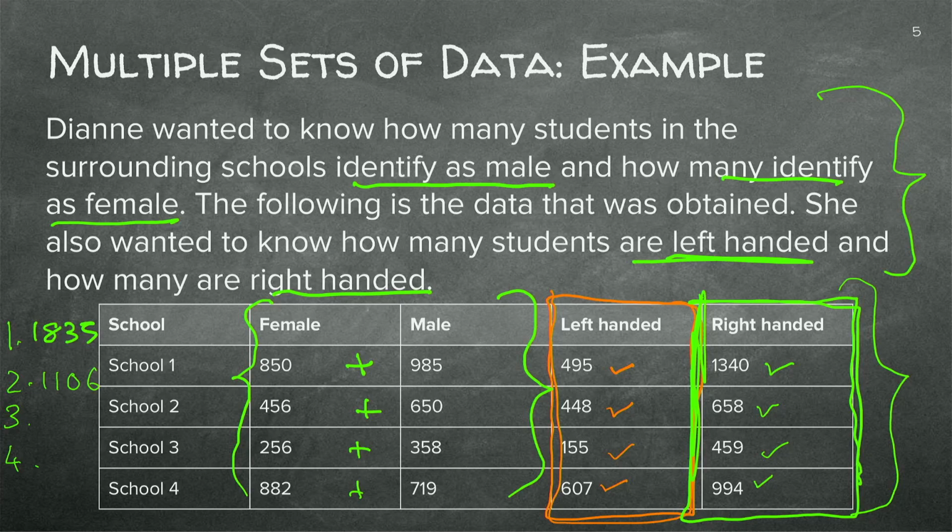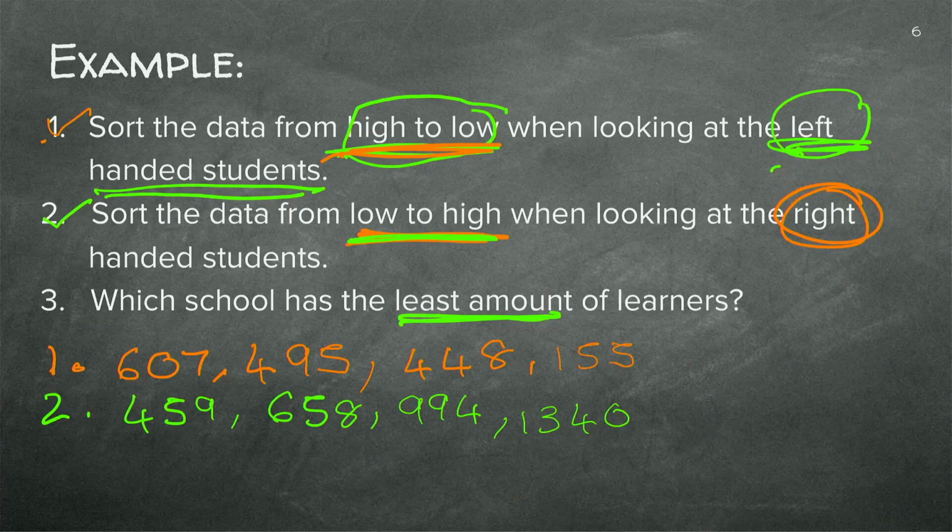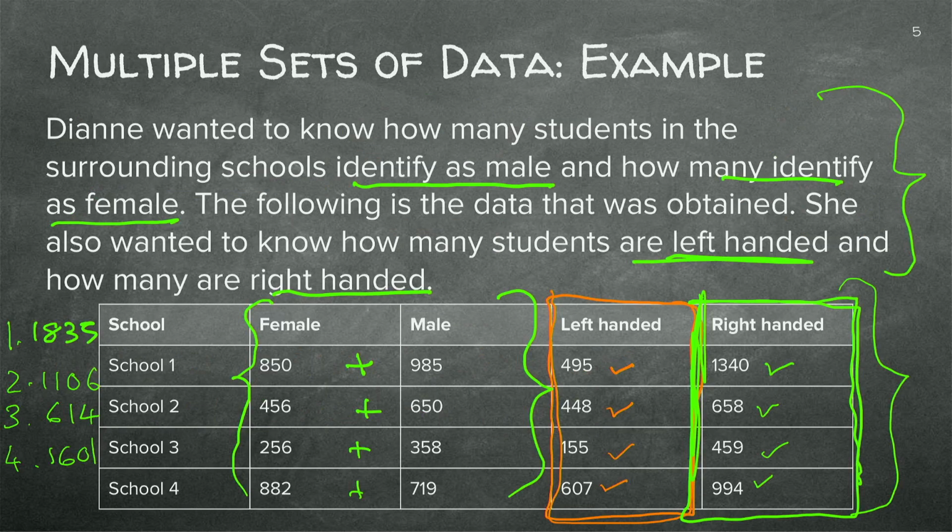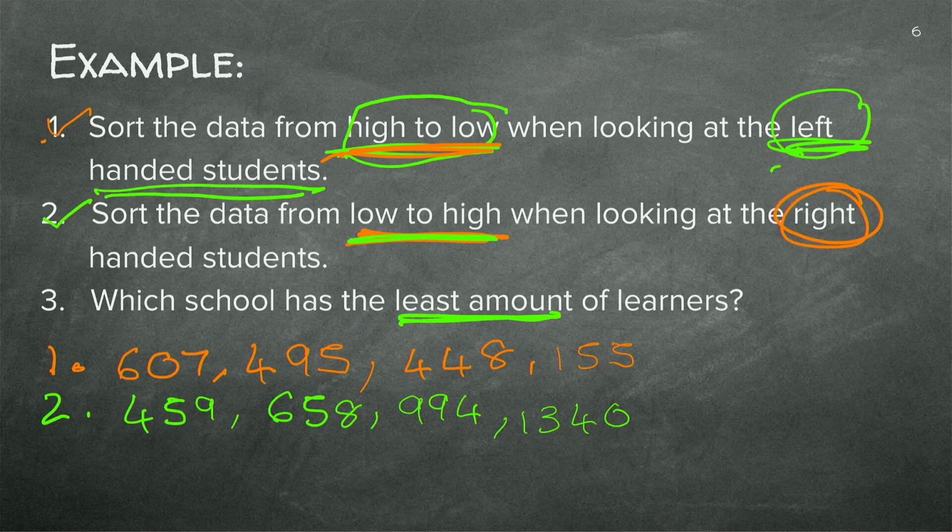School 3 has 614 learners. And school 4 has 1,601 learners. So, the least amount of learners we can see is school 3 with 614 learners. So let's just write that down. With 614 learners.